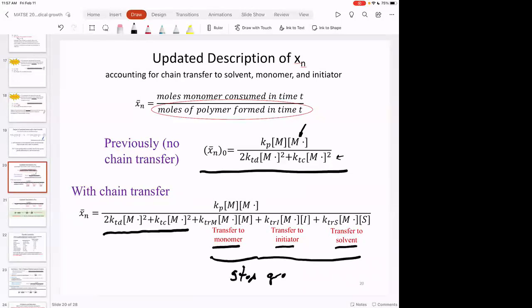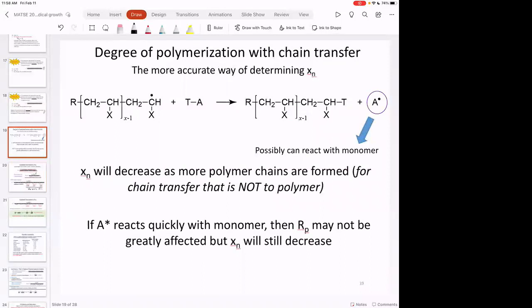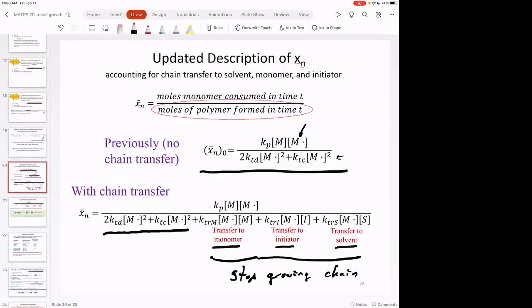growing chain. And this can get really unruly because we have a bunch of rate constants now. So we have k_tr, which is k transfer to monomer, k transfer to initiator, and k chain transfer to solvent. And we can write equations for all that if we want to. So we could put our different k, are they capital T?